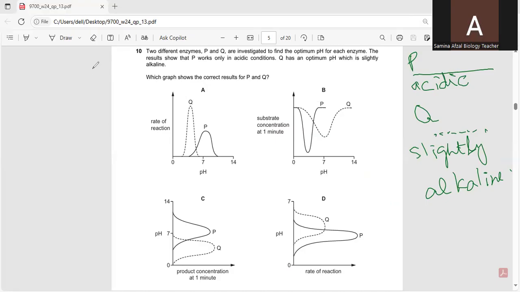We will move towards graph A. They have given pH on the x-axis, which is an independent value, and the rate of reaction will change when the pH increases or decreases. According to the statement, P is working in acidic conditions and Q in alkaline. In this graph, below 7 is acidic, and 7 is a neutral value.